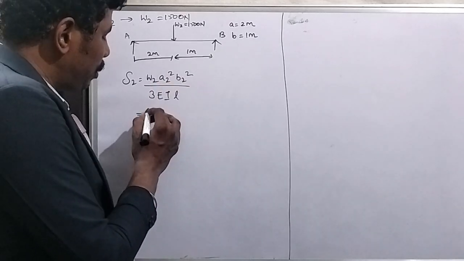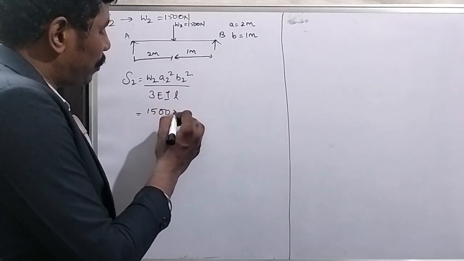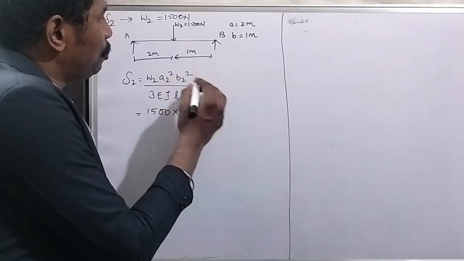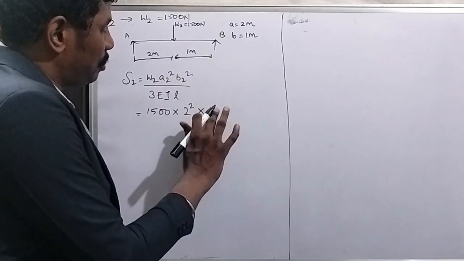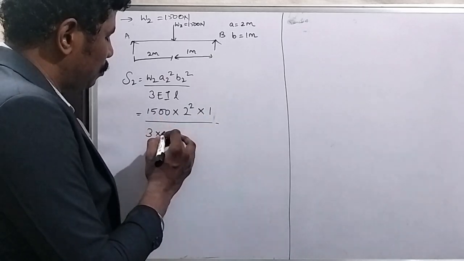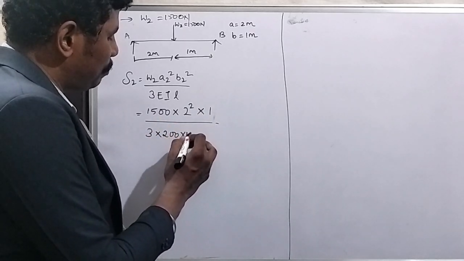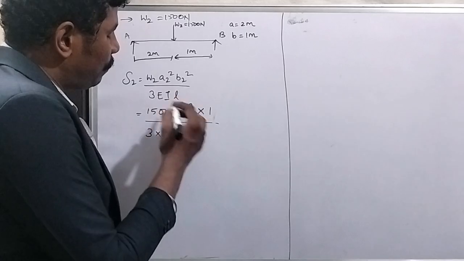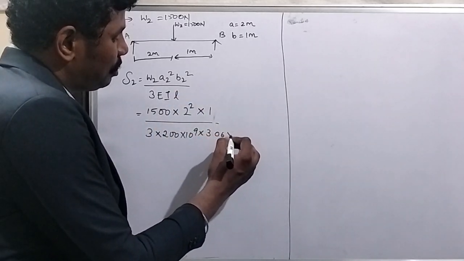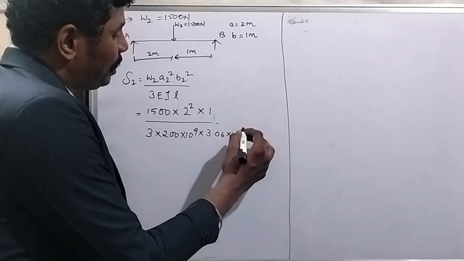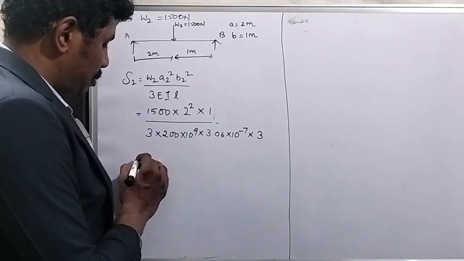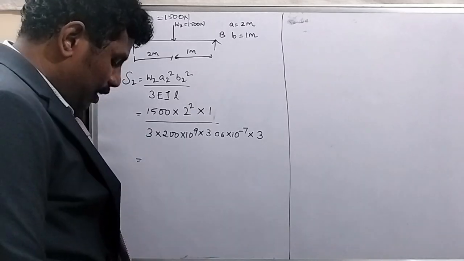So W2 will be 1500, A2 is 2 meter, B2 will be 1 meter, divided by 3 into 200 into 10 power 9. So you know the value of I is 3.06 into 10 power minus 7, and the value of L will be 3 meter. So we can calculate this.